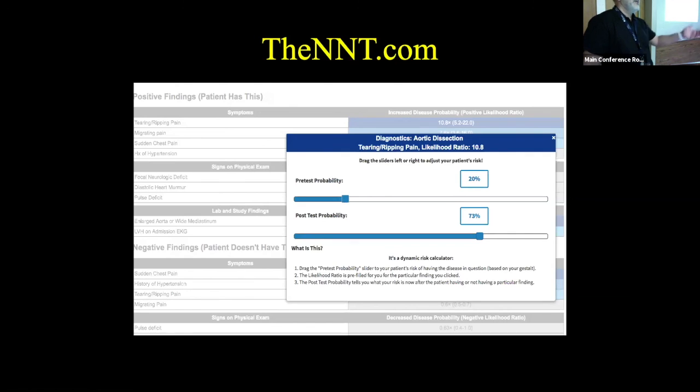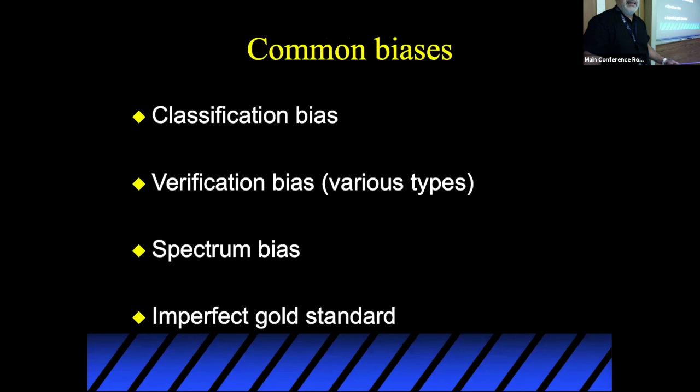Probably the best option is what Noah said. If you have time, go to the paper, go to systematic reviews, look up the likelihood ratios. But this is a quick way in the clinical area to look up the numbers. And then the biases, I leave the biases for Suam to talk about.